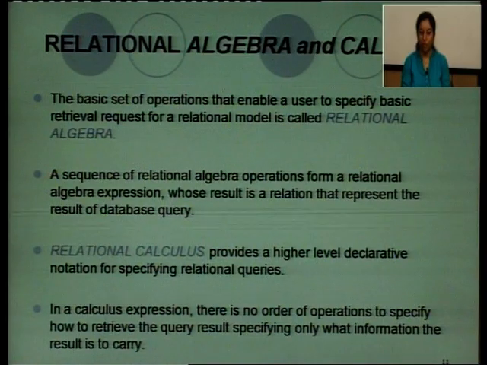Now, what is relational calculus? It provides a high level declarative notation for specifying relational queries. In a calculus expression, there is no order of operations to specify how to retrieve the query result, specifying only what information the result is to carry.